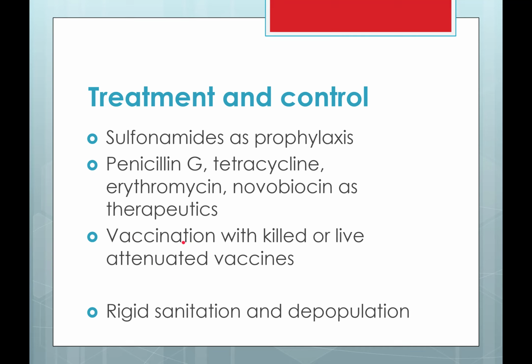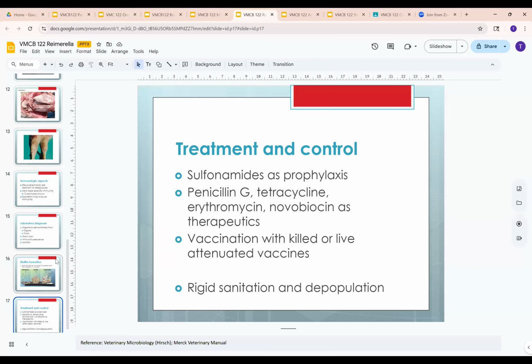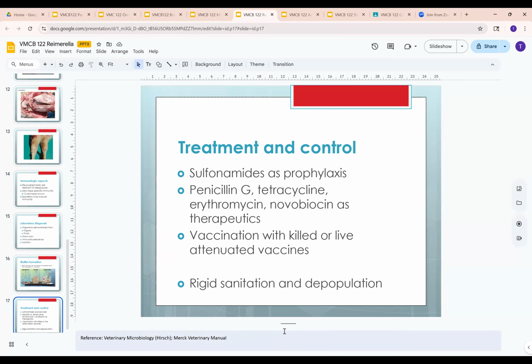But here in the Philippines, there's no known outbreak of Riemerella, but I think we need to be aware. Then rigid sanitation and depopulation, because it has resistance due to the biofilm. Okay, any questions with regards to Riemerella?